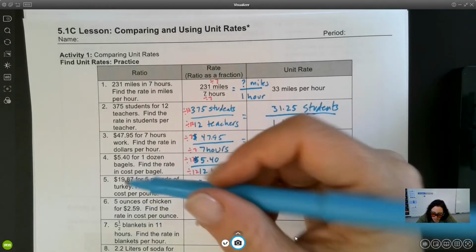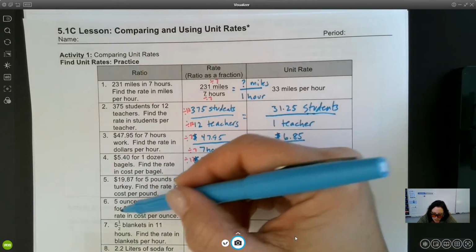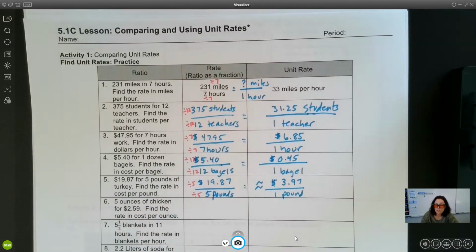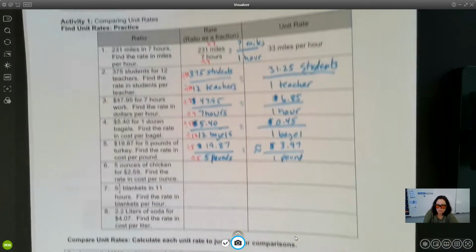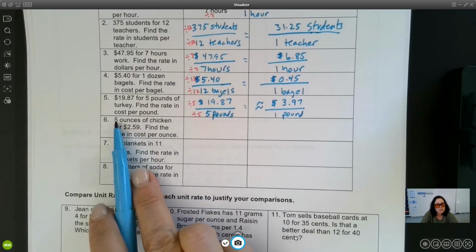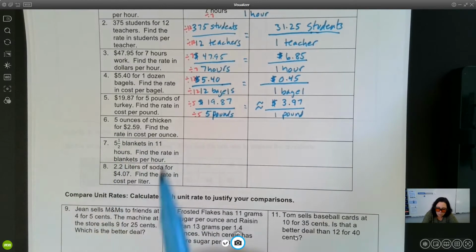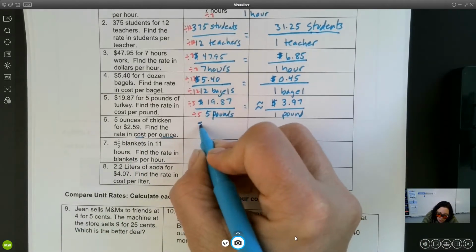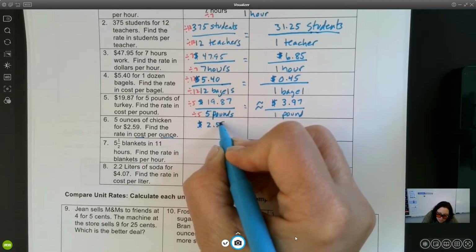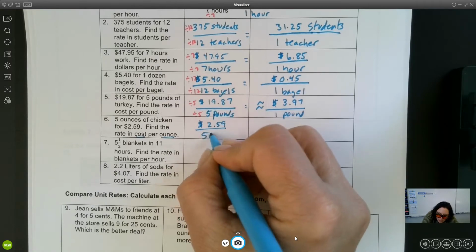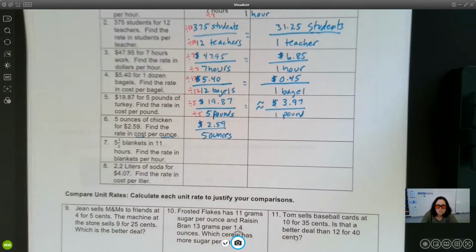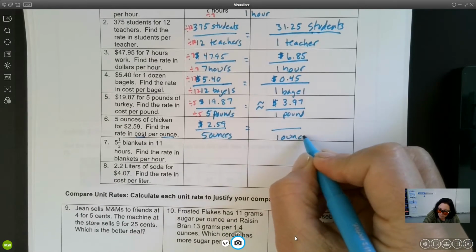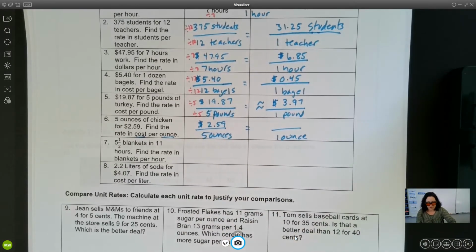All right, 5 ounces of chicken for $2.59. Find the cost per ounce. Careful on this one. Do you see that they flipped things around on you? Don't assume your first thing goes on the top. They want cost per ounce. So cost goes on top, ounces on the bottom, and then we're going to have 1 ounce by dividing by 5.